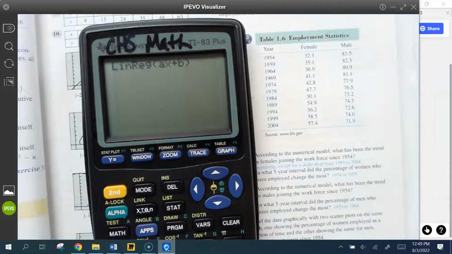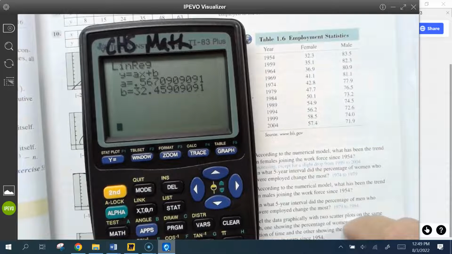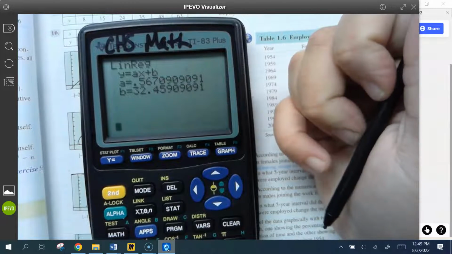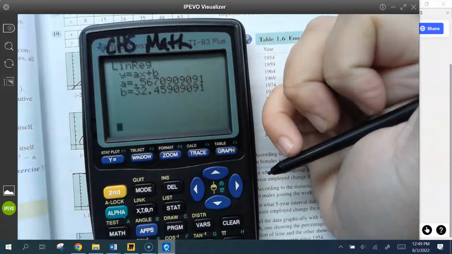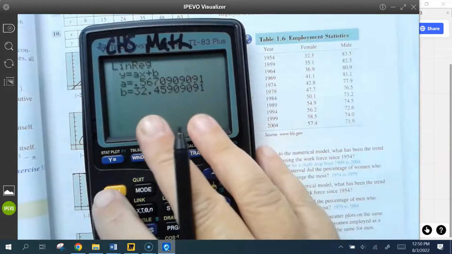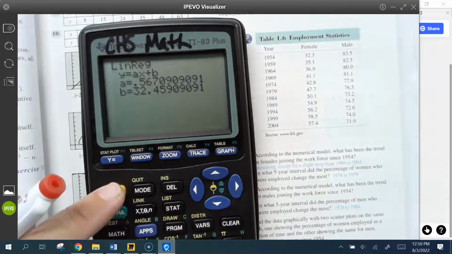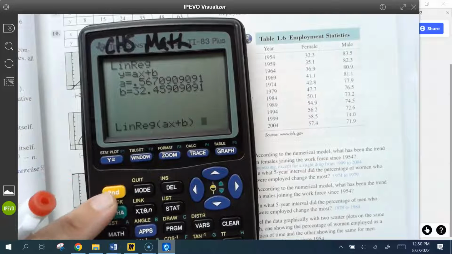And hit enter. Now, when you hit enter, and I didn't tell y'all this yesterday, this is just list 1 and list 2. But it gives you the A and B. It's already in slope-intercept form. 0.567x plus 32.45. You don't have to do anything else with that right now. That's all. They just want the equation for this one.